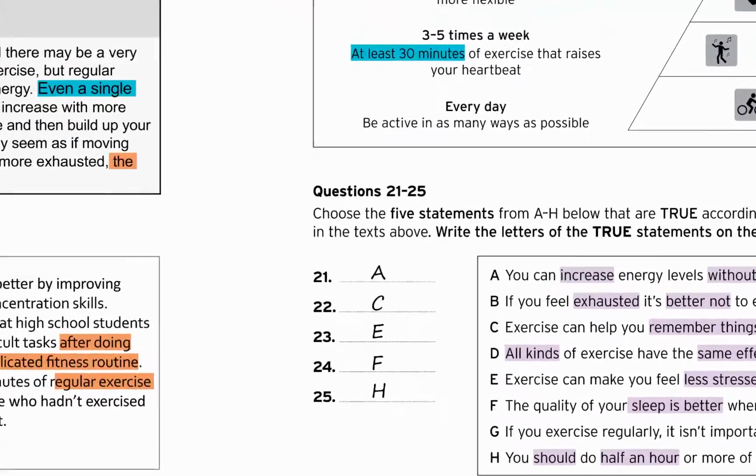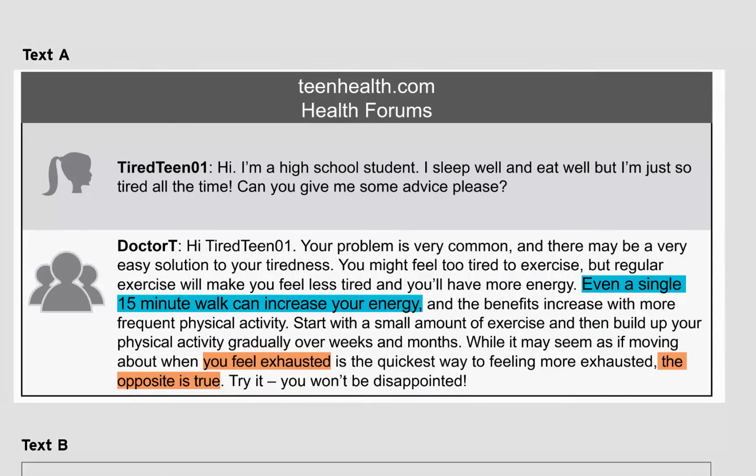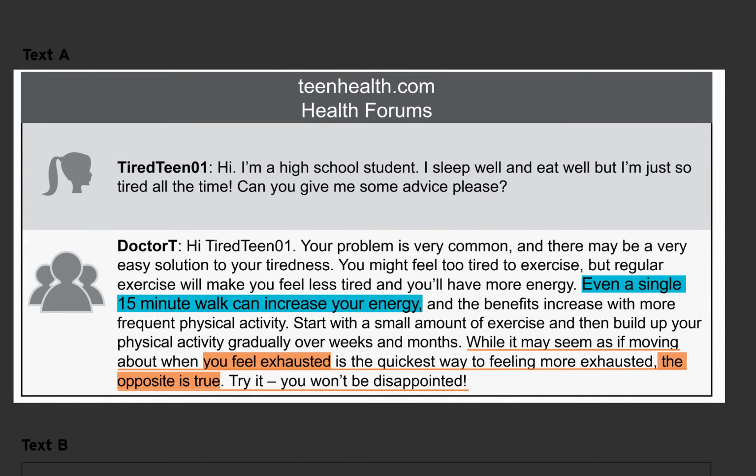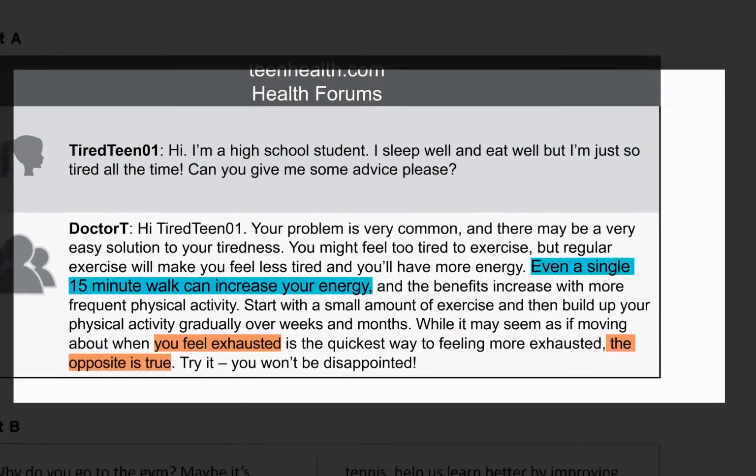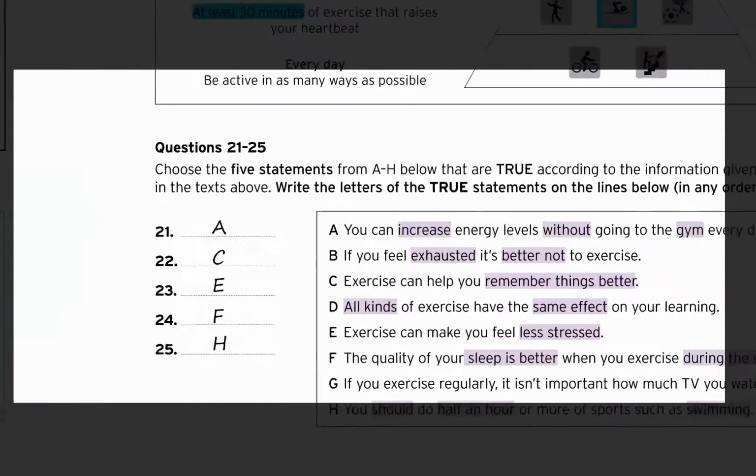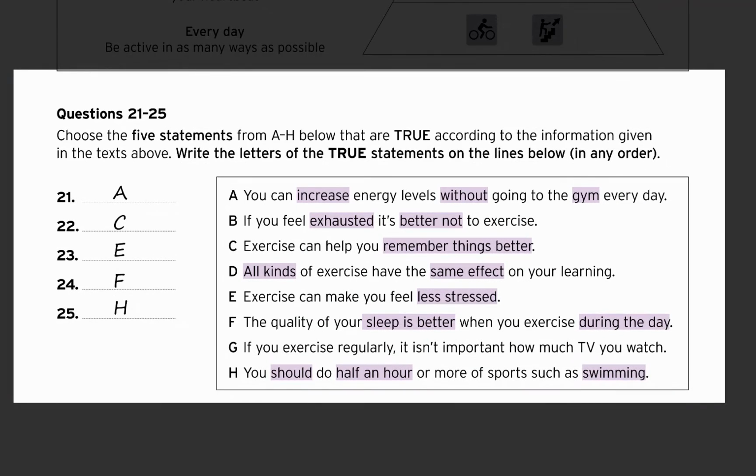If we look again in A at the orange, the sentence says, whilst it may seem as if moving about when you feel exhausted is the quickest way to feeling more exhausted, the opposite is true. Try it. You won't be disappointed. So it's saying that when you're tired, it's better to do exercise. It makes you less tired.